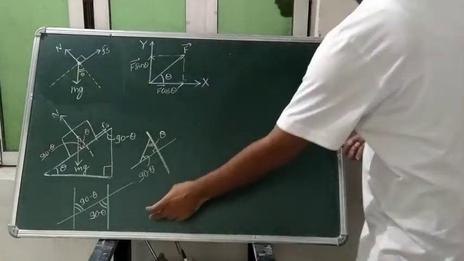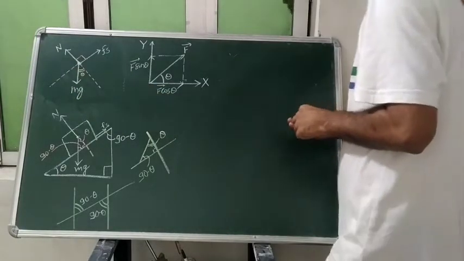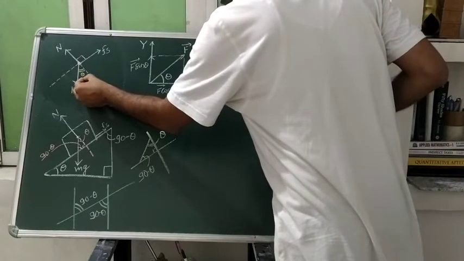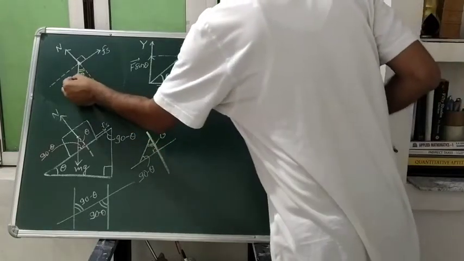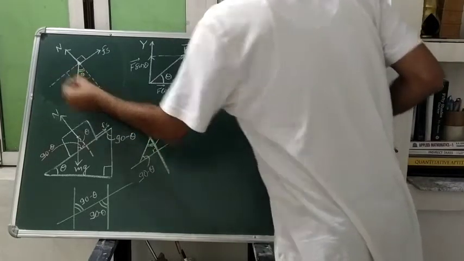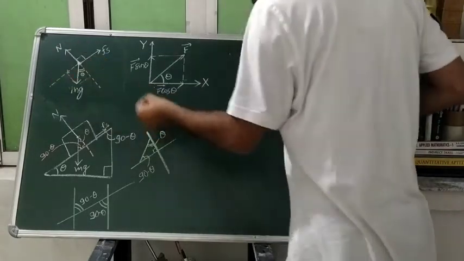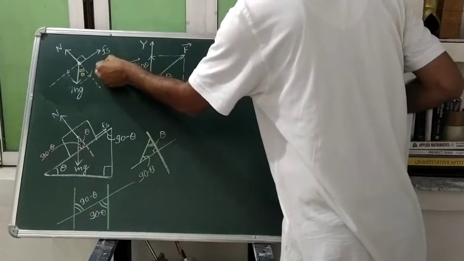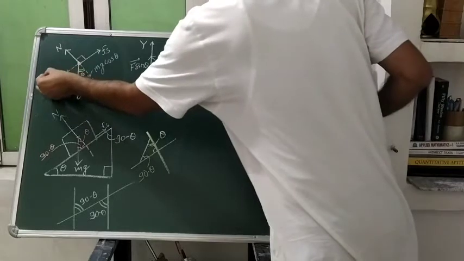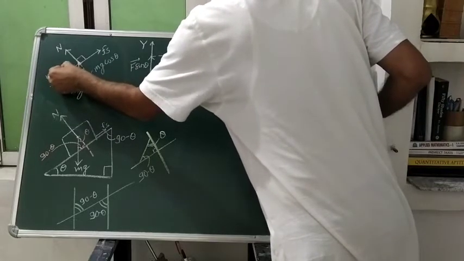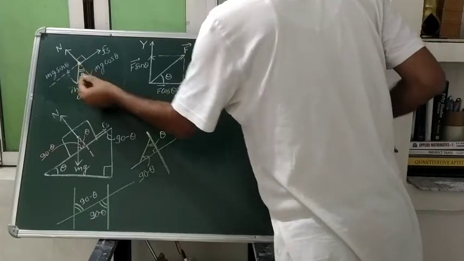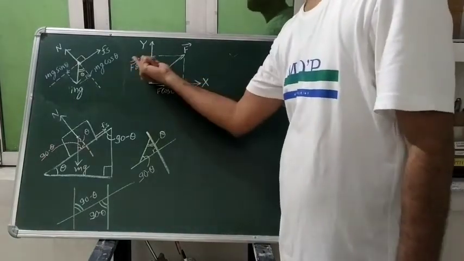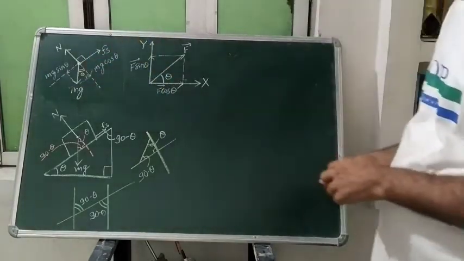When we resolve along the perpendicular direction of that inclined surface and along the inclined or contact surface, this side we will get mg cos theta, and this side mg sin theta is going to come. Of course, this one is our 90 degrees, so on this side two angles have been formed. So this one will be our base, so mg cos theta and mg sin theta will come there.